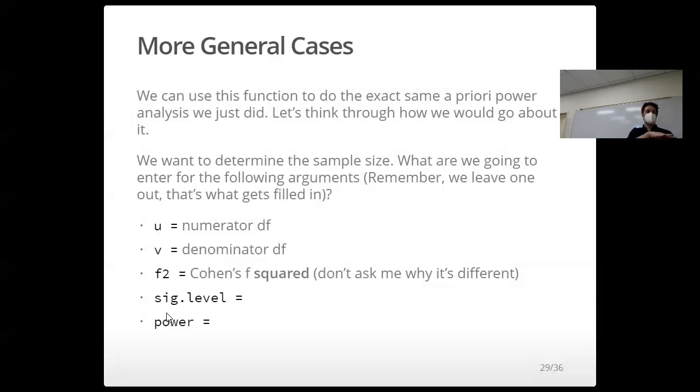I'll give you a hint: it's one of the first 2. One of them is related to sample size, and one is related to the number of groups. Which one is G minus 1, and which one is N minus G?